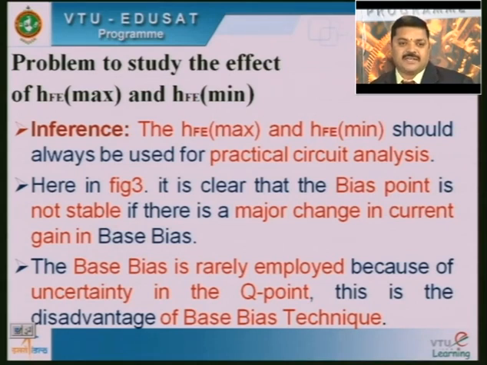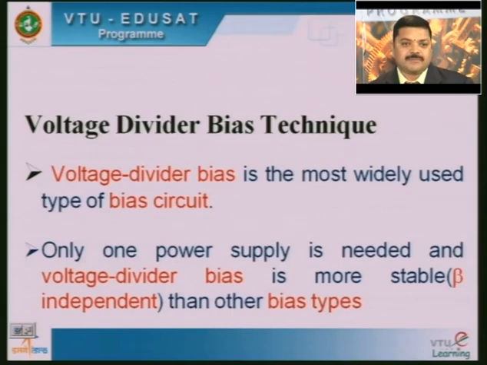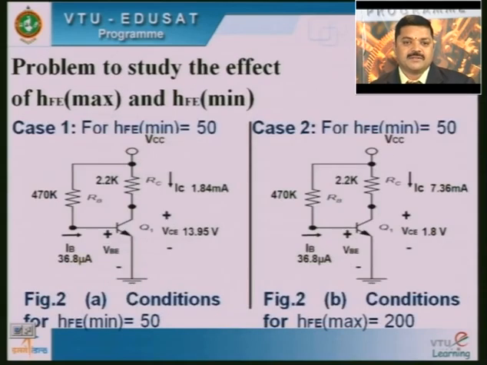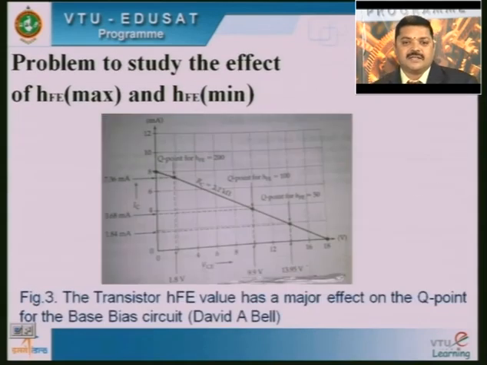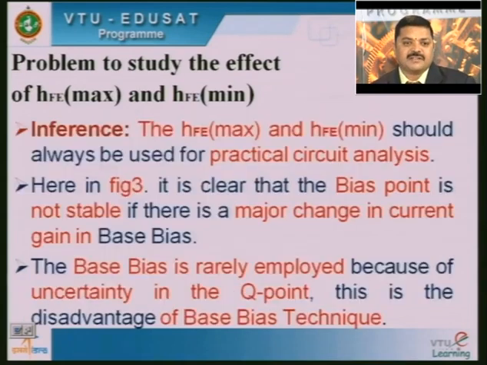Figure 3 is the graph which we have shown previously. In figure 3, it is clear that the bias point is not stable.